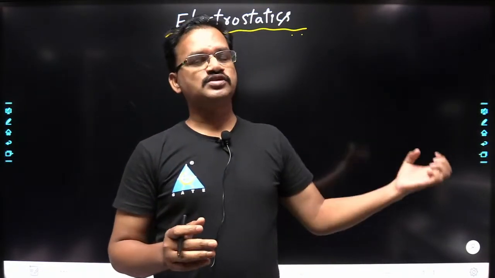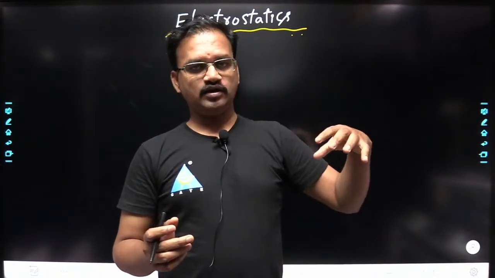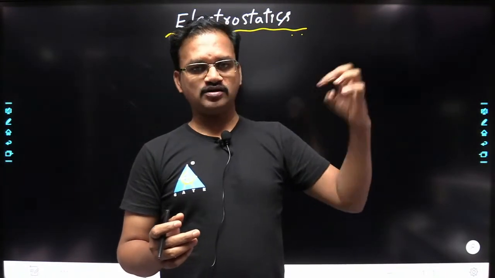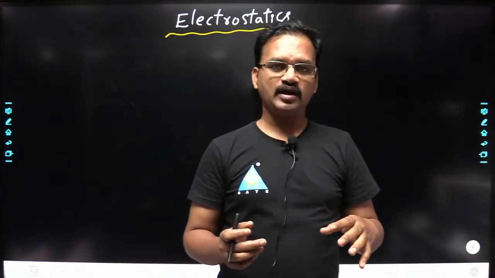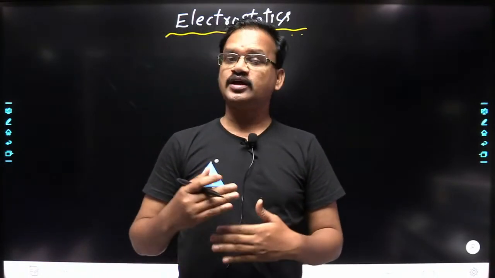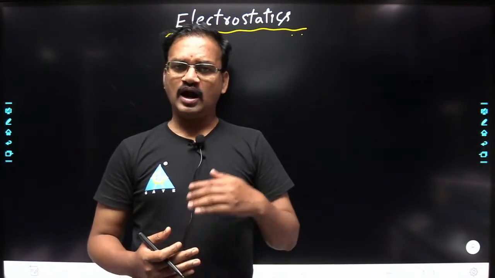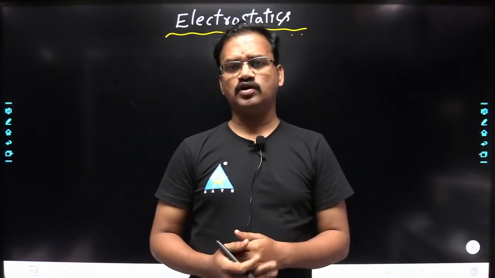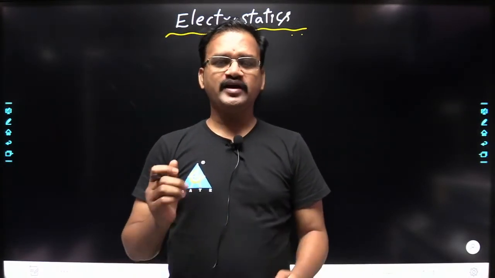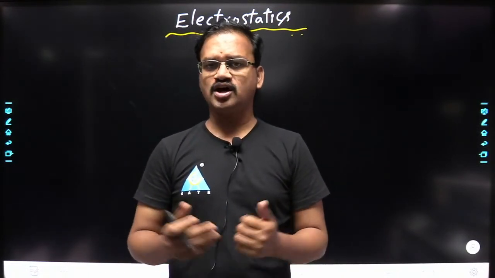Now if you supply electrons to the material, that means if you dump some electrons into a material, then the number of electrons will become dominant over the number of protons. That means the negative charge will get dominant over the positive charge. Yes or no? And thus it is going to behave as a negatively charged material. So in this manner, by creating the charge imbalance, we can create charged materials or charged particles.